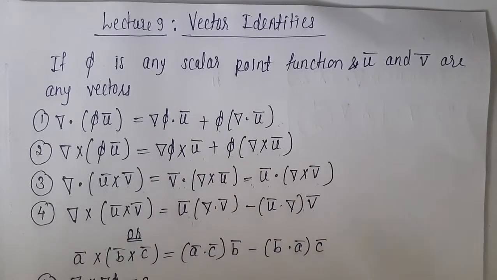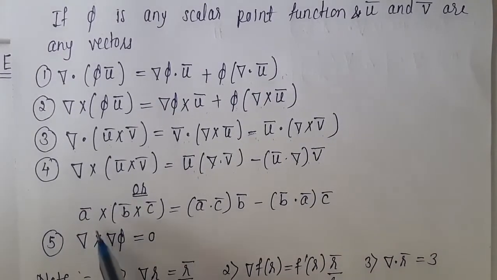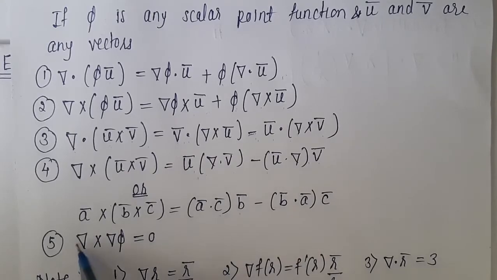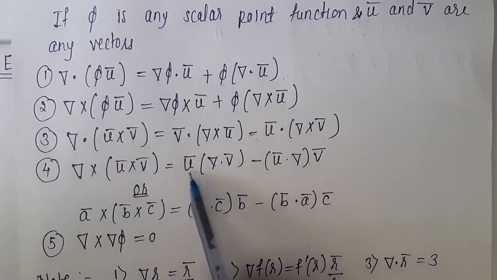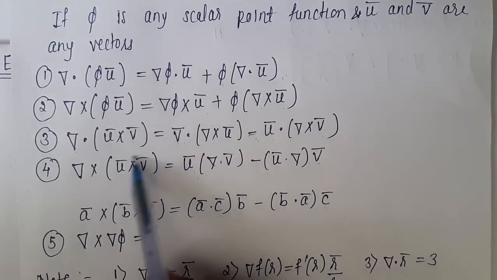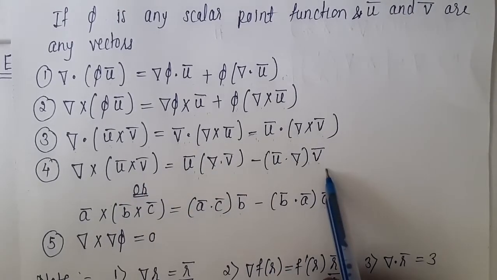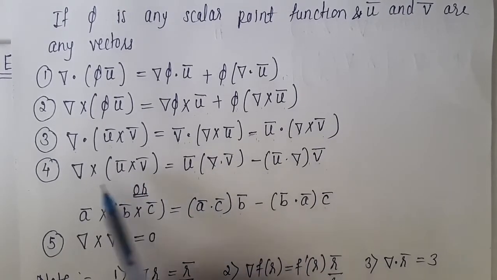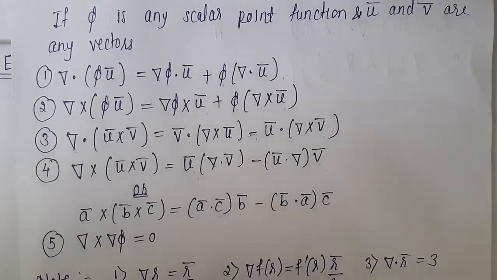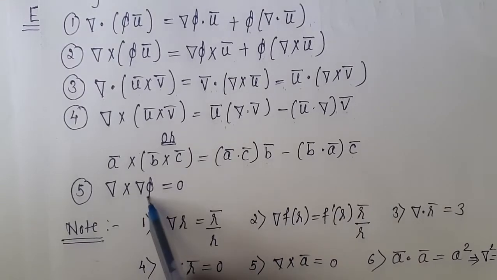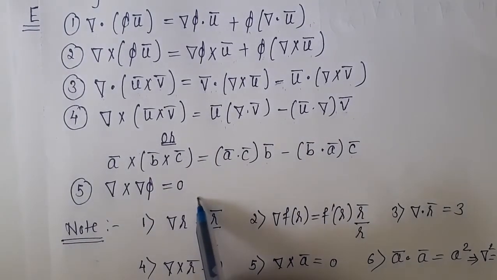Or a cross b cross c is equal to a dot c multiplied by b minus b dot a multiplied by c. Outside this bracket we always have the bracketed vectors, that is u and v, here del dot v and here u dot del. So remember it like this. The fifth identity is del cross del phi, which is equal to 0.